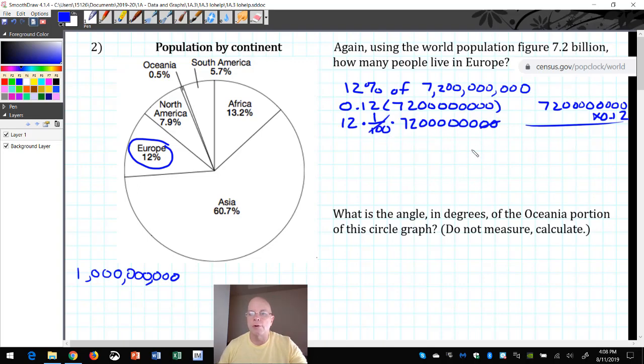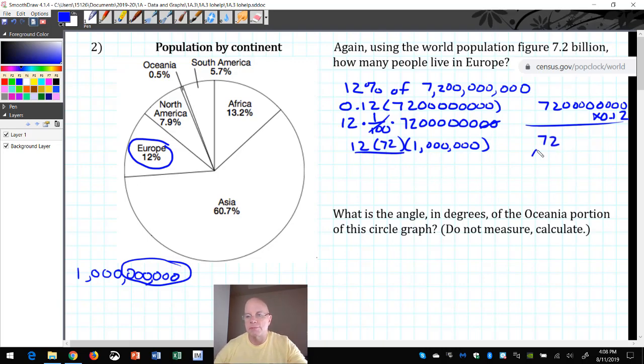That's just taking 100 100ths out of that expression, and so now I have a 7 and a 2 followed by 6 zeros. Well, 6 zeros is a million. So I have 12 times 72 times a million. So if I just find this partial product, that's how many millions I have.